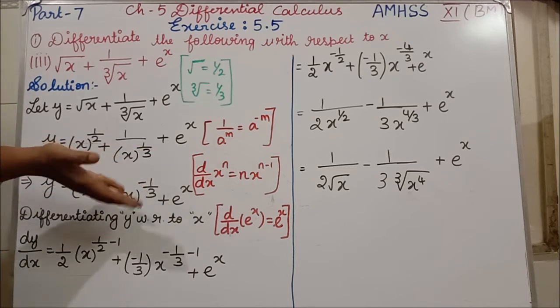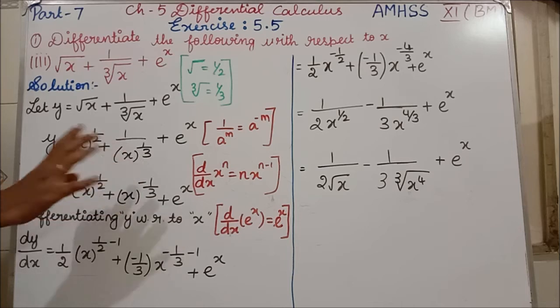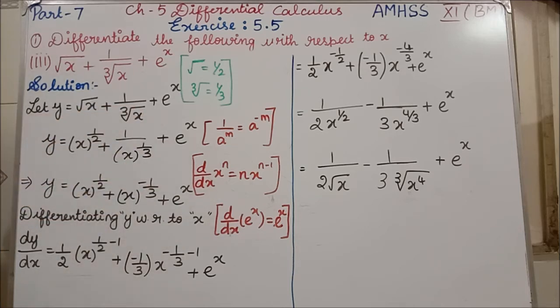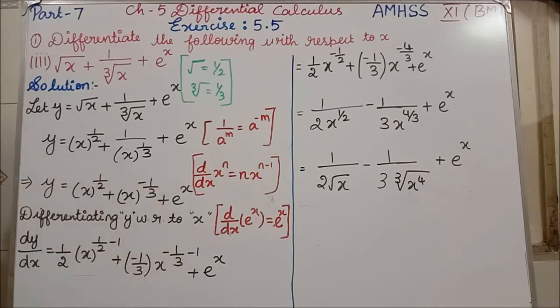So if this x goes to the numerator, the power 1 by 3 becomes negative. You should not put 1 divided by. Only x whole power minus 1 by 3 plus e power x. Now we have all the x in the numerator, and now we can differentiate easily.